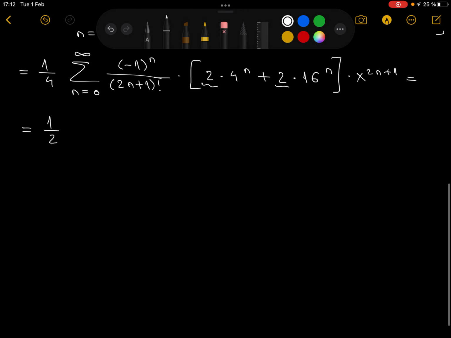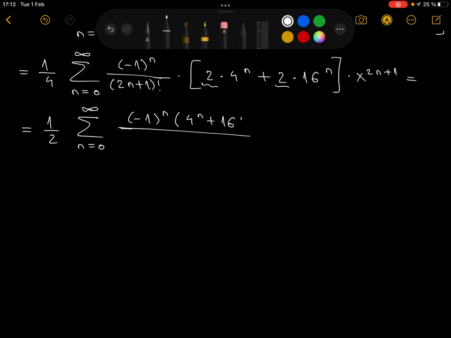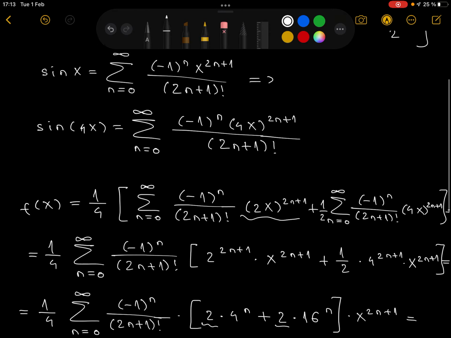So we'll get 1/2 of the sum, as n goes from 0 to infinity, of minus 1 to the nth power times, I'm just going to use the regular brackets now, (4 to the nth power plus 16 to the nth power) over 2n plus 1 factorial times x to the power of 2n plus 1.